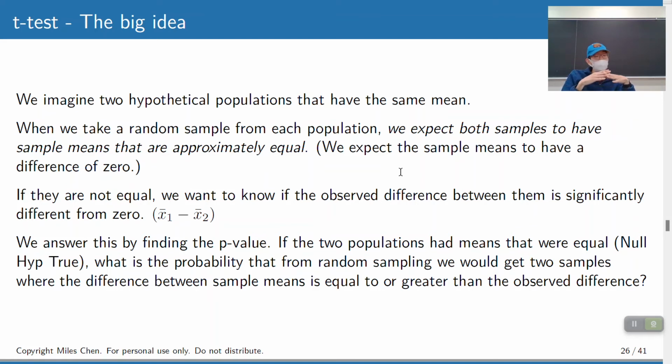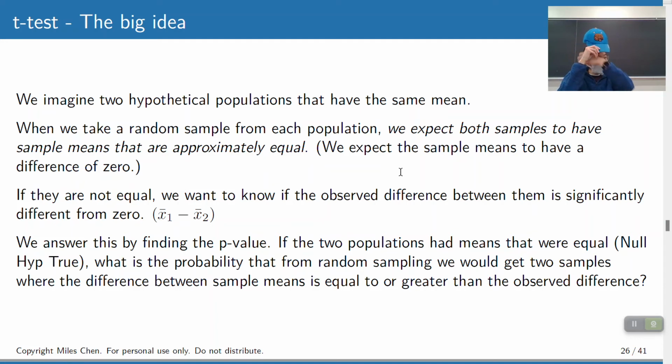Maybe they're not exactly equal, but overall, we expect the sample means to have a difference of 0 or something close to 0. And if they're not exactly equal, you get some difference between them, and we want to know: is that difference significant? Is it significantly different from 0? We're going to figure this out by getting a p-value.